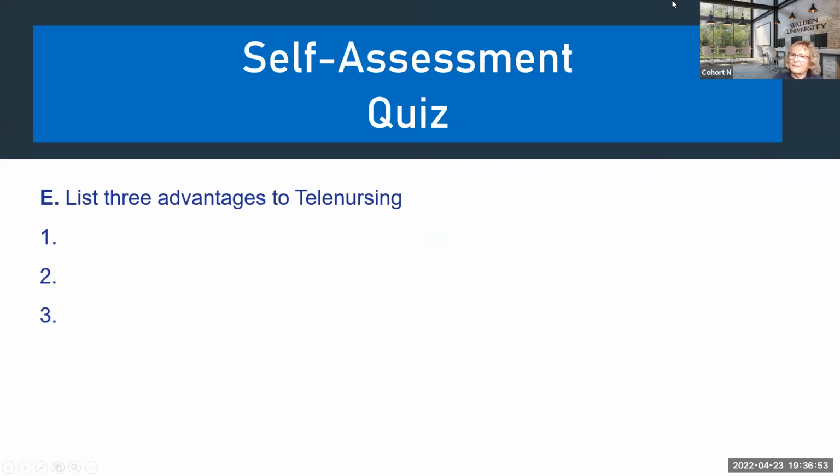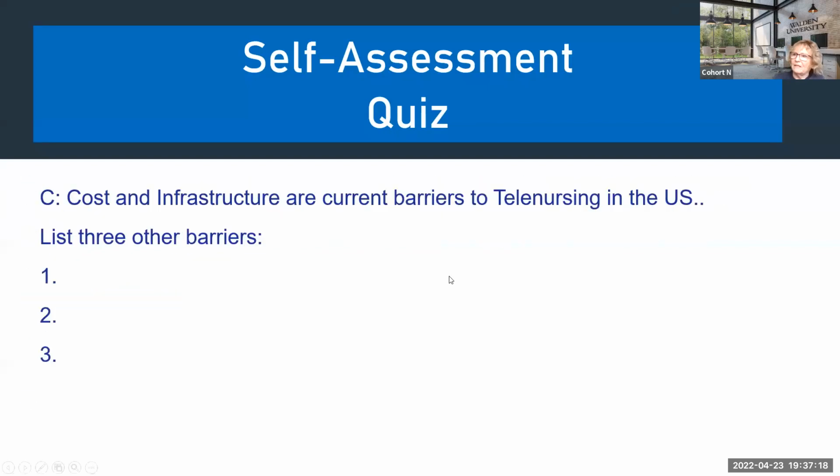I see people are still responding to the self-assessment quiz. This is great. Number 1 was false. The key was face-to-face office visits where patients use a computer. It's not face-to-face, it's virtual.